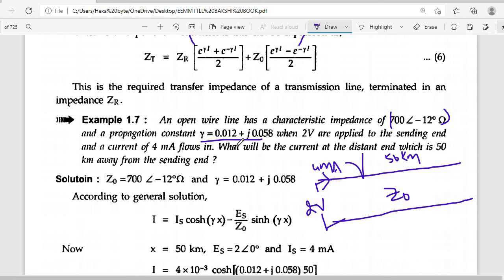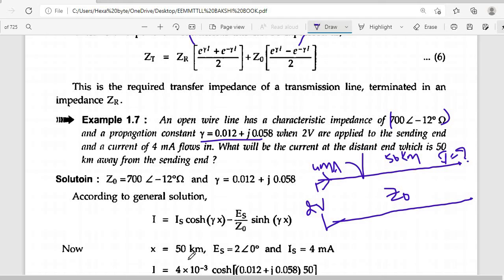The question they are asking is: after 50 kilometers, what is the current?